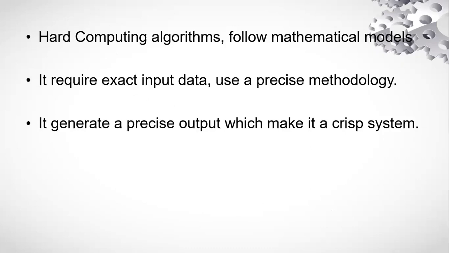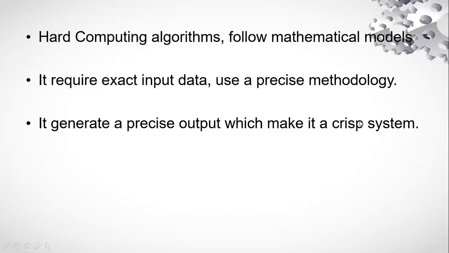Well, there are certain main specific characteristics of hard computing. That is, it uses or follows a mathematical model. It always requires exact input data that should be precise. It generates a precise output that gives you a crisp system. Now, what is this crisp terminology?